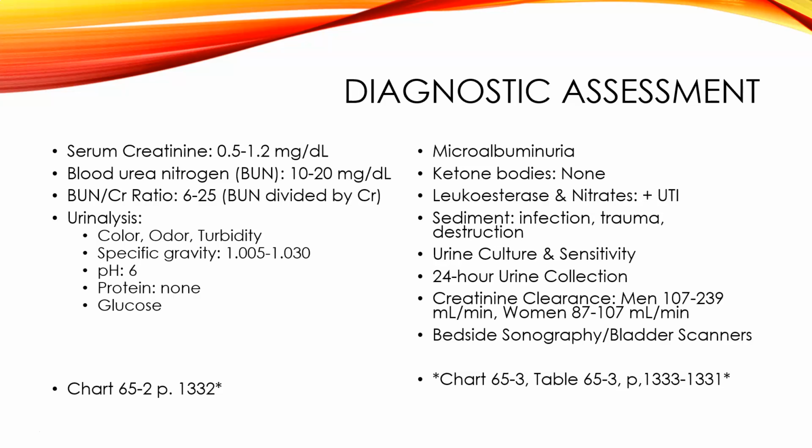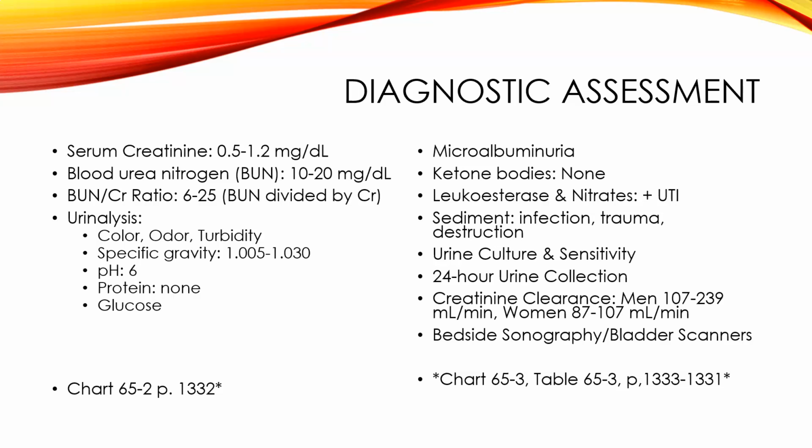Also, make sure you take the time to look at the urine tests, such as urinalysis. Make sure you're familiar with what causes a high specific gravity and low specific gravities. You also want to make sure that you're familiar with urine pH, and remember that protein is not normally present in the urine. And that's something we need to make sure that we're aware of.